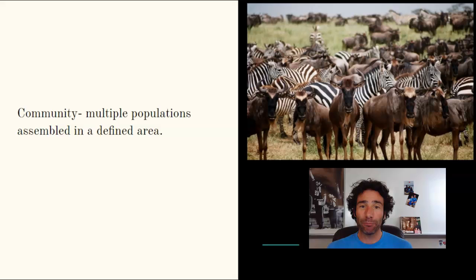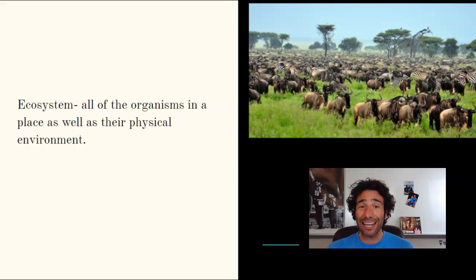That's the typical situation that we find out in nature. And an ecologist might be looking at how a population functions with other populations so that they can better understand how that community works.